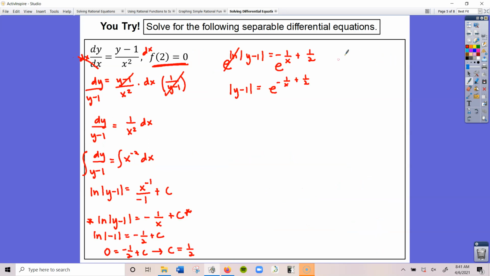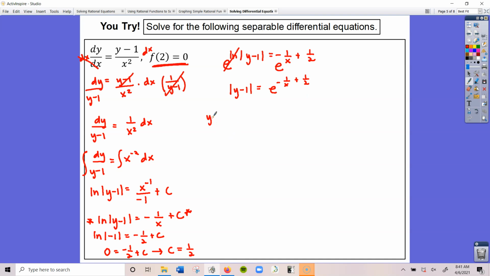But in this case, my exponent does not contain ln, so I don't need to rewrite that in any other way. Because this is an absolute value, we're going to need to separate our equations to get both the positive and the negative version, so we can figure out which one would be the correct answer, since remember, we are looking for the particular solution.